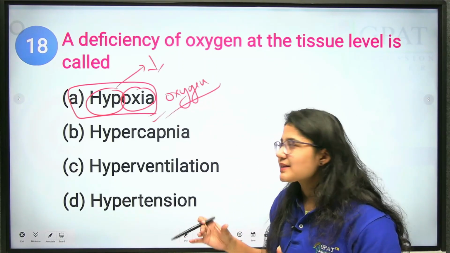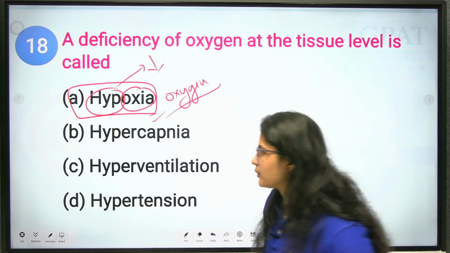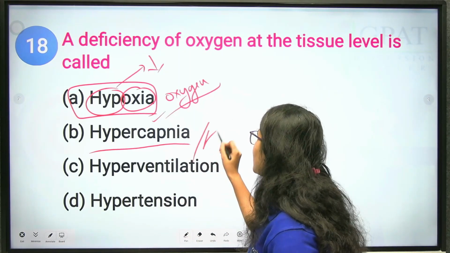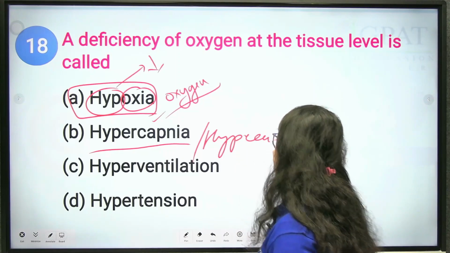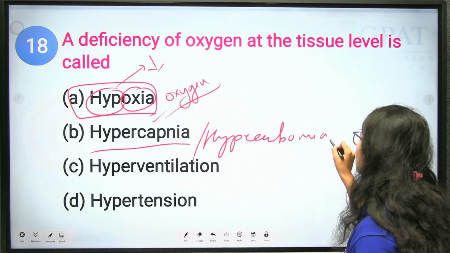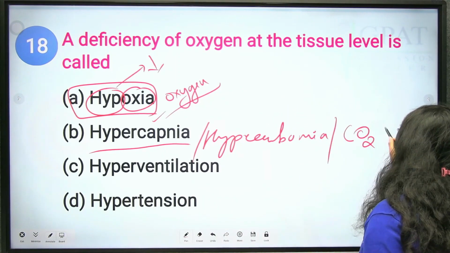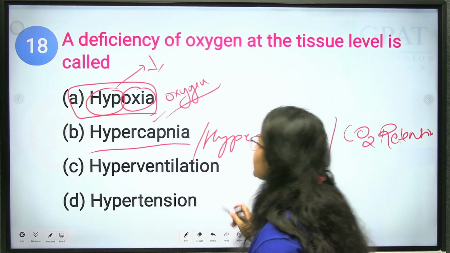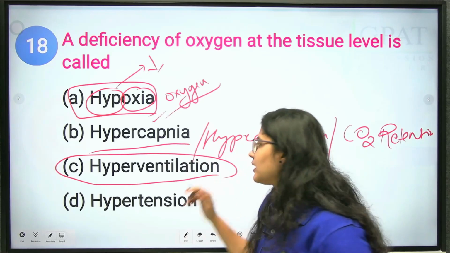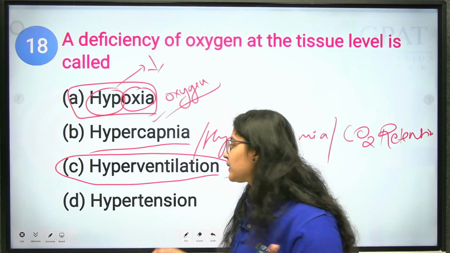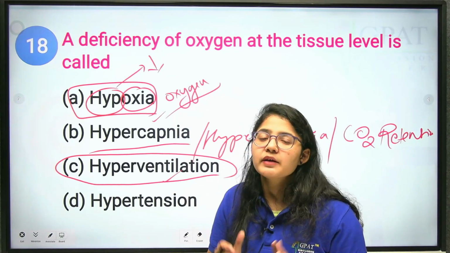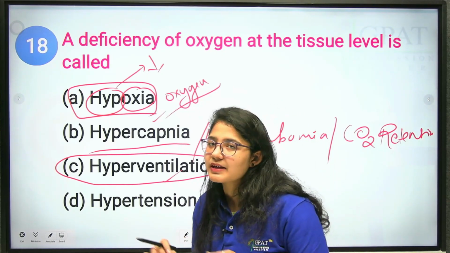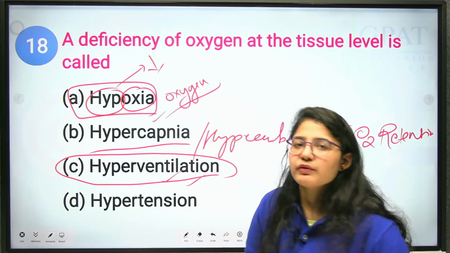But let's understand the other options also. This is hypercapnia, also known as hypercarbemia, which is CO2 retention. Clear? Next is hyperventilation. Hyper means increased. Ventilation means when the ventilation rate is increased, that is hyperventilation.